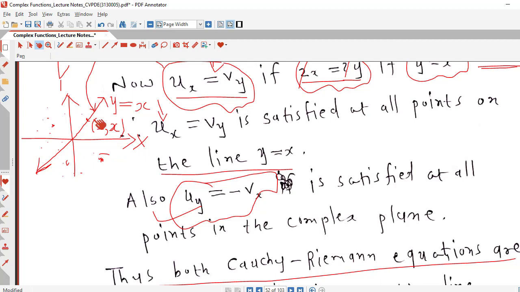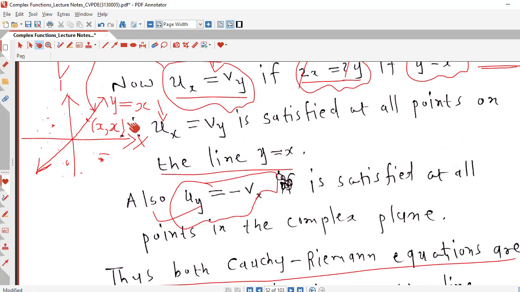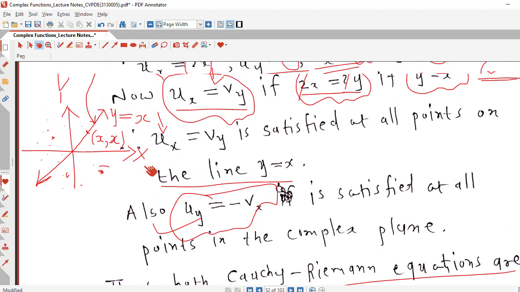In other words, the function is not differentiable at all the points in the complex plane which are not on the line y equal to x. Now, at the points on the line, CR equations are satisfied. So we have to check the second condition for all the points on the line y equal to x.